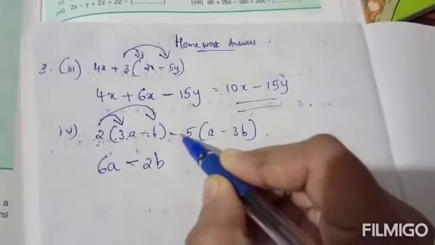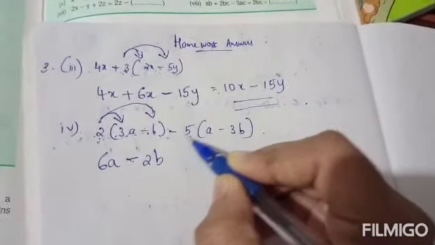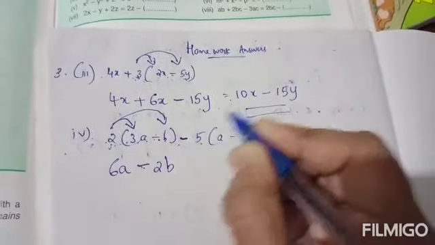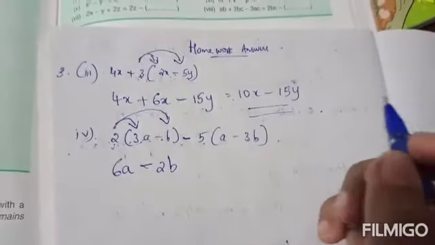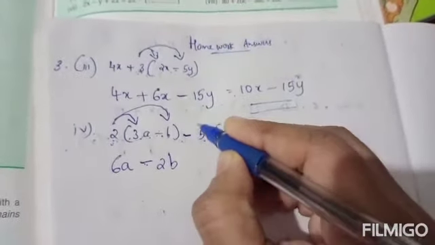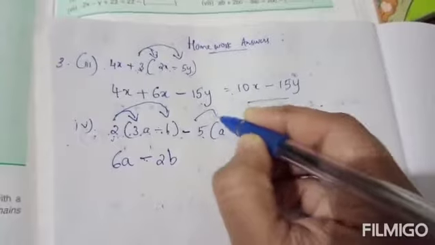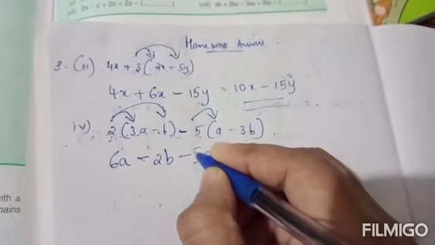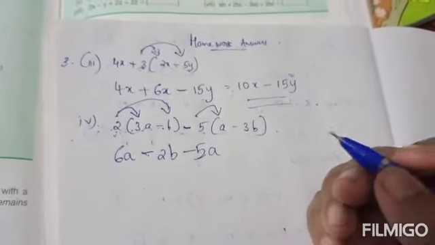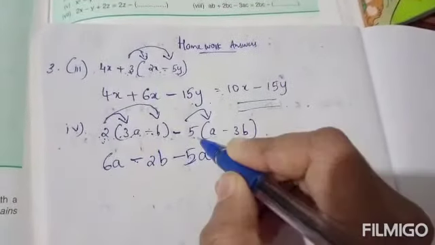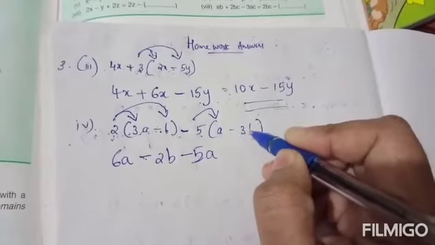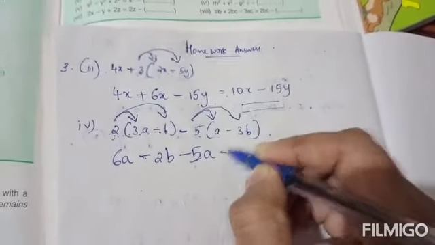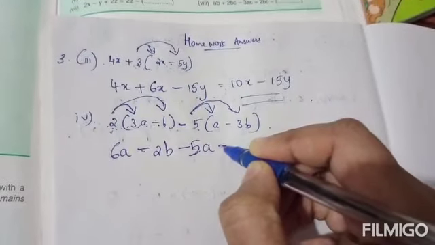Okay, now minus 5, here don't take a 5, minus 5 you need to multiply with the a and 3b. Okay, so minus 5 into a, minus 5a. Okay, now minus 5 into minus 3b. Here the sign is minus, so put here minus sign.